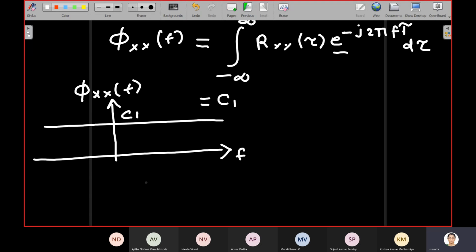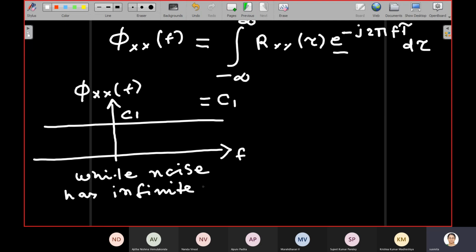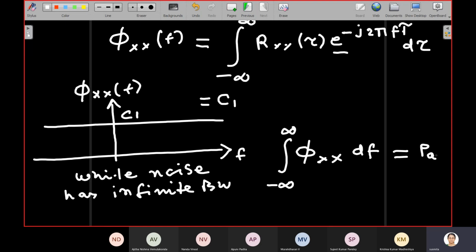So this implies that all the frequency components are equally important here, right? So white noise has infinite bandwidth. How about power? We know that if we integrate the power spectral density over the entire frequency range, we get power.